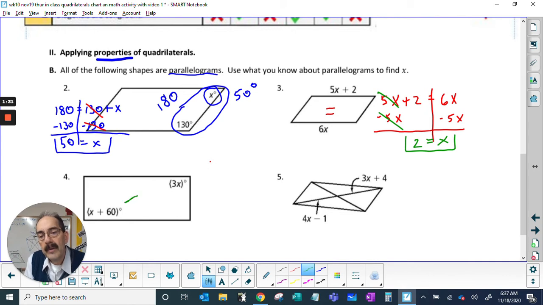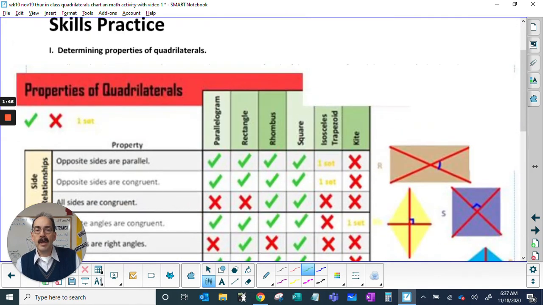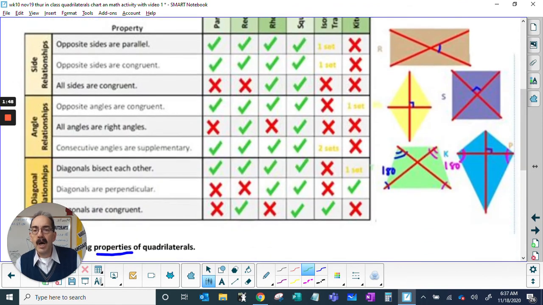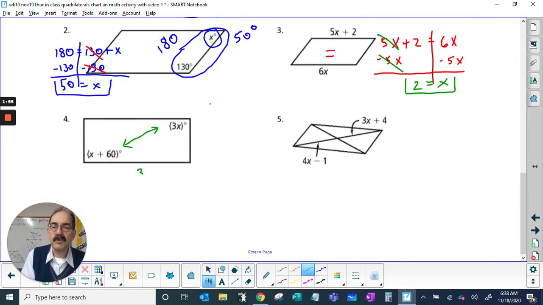Quadrilateral. Parallelogram. Opposite angles are equal. Remember, go back to the chart. In a parallelogram, opposite angles are congruent. Okay? So we set it equal to each other. 3x equals x plus 60. Draw our line.